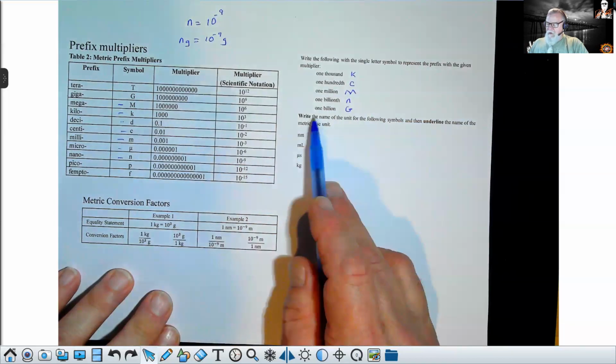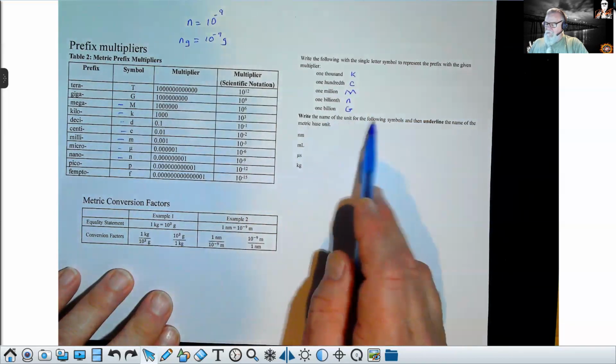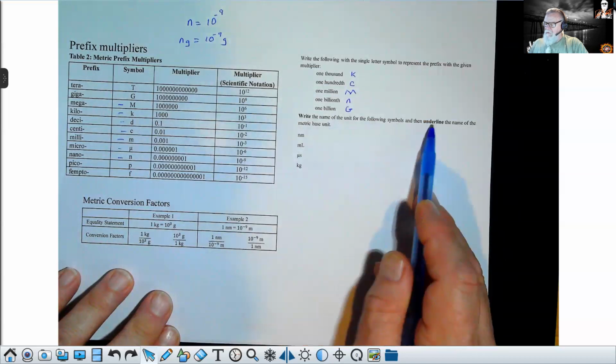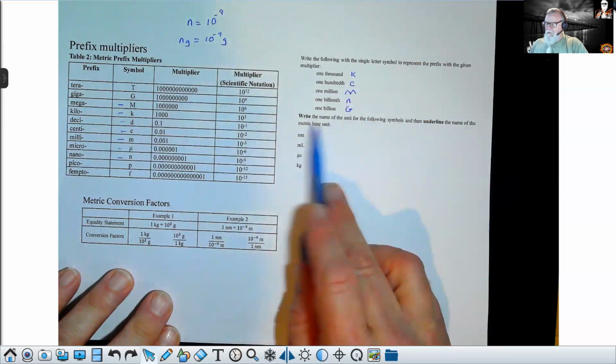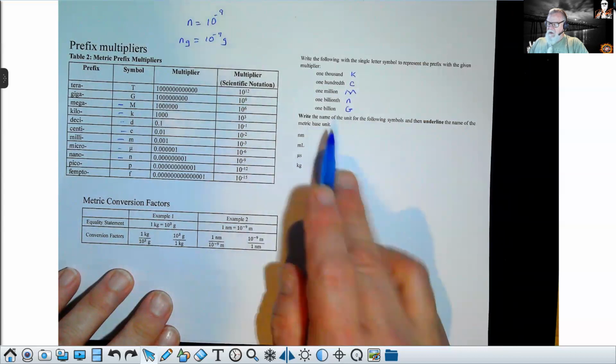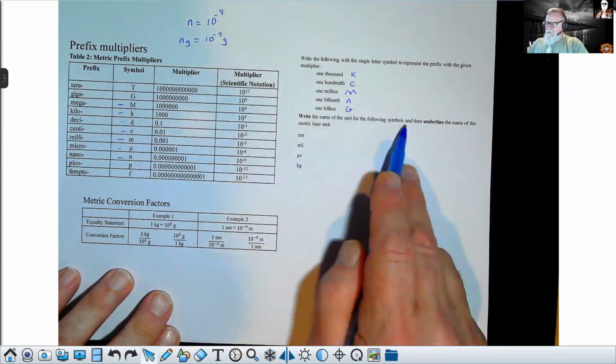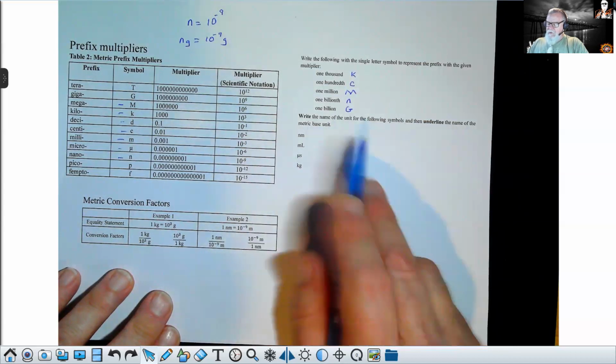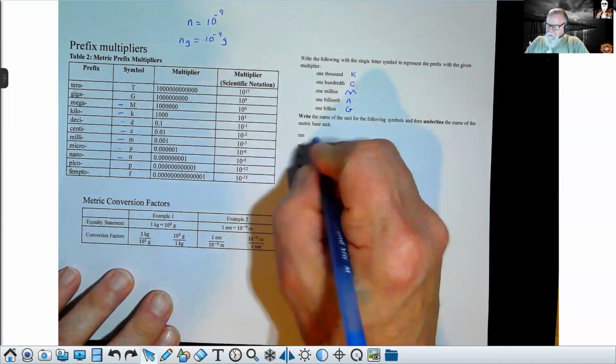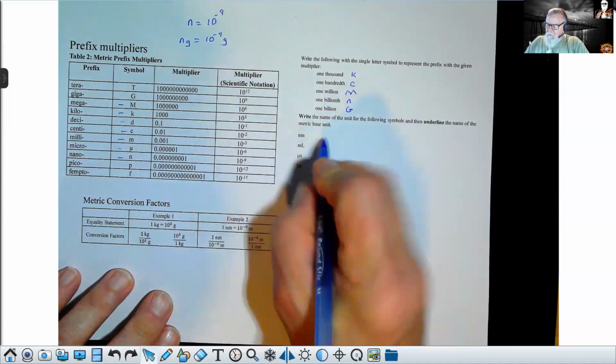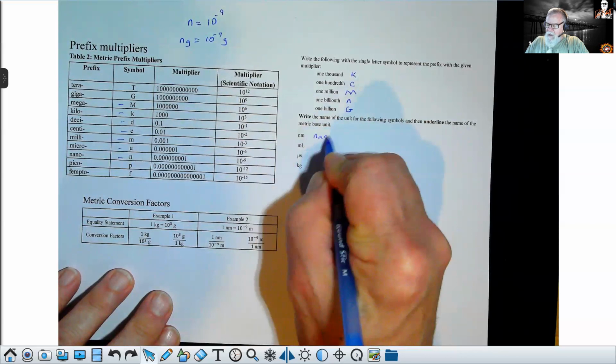So write the name of the unit for the following symbols and then underline the name of the metric base unit. So this is going to be nm, nano, and then m is meters.